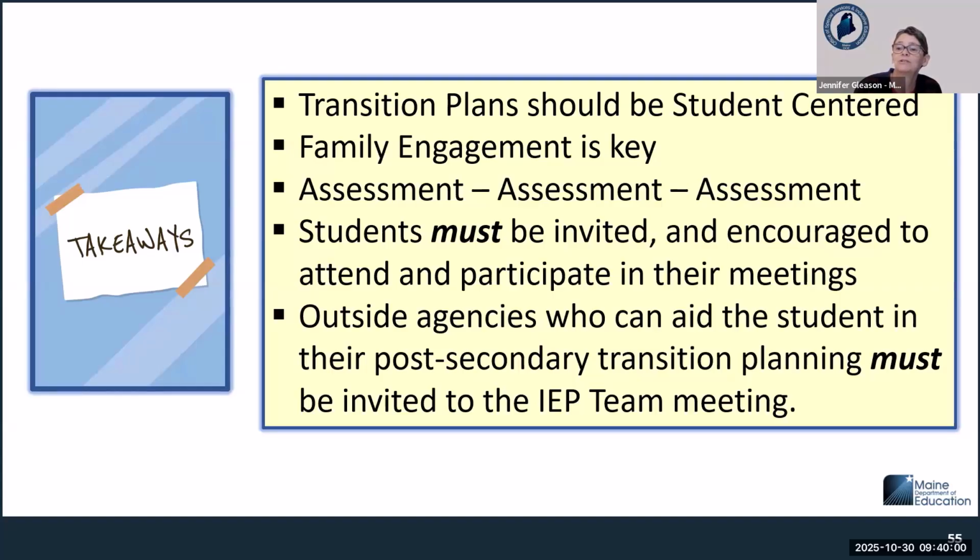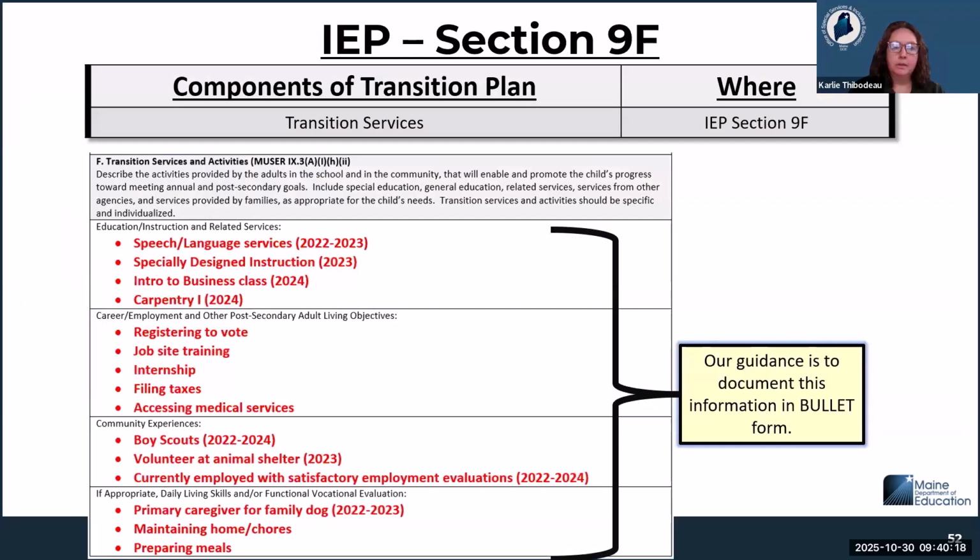So this section no longer needs to be a cumulative list of services. It should be a cumulative list of services. Is that Section 9F, 9F? Yeah, this is Audra.